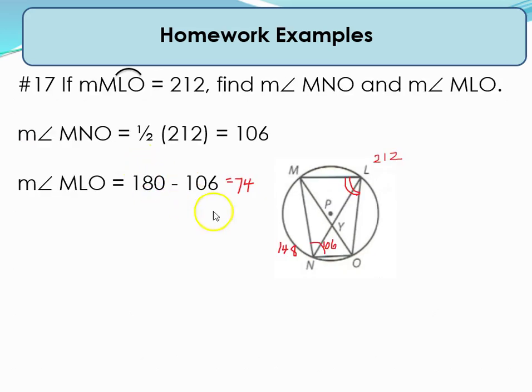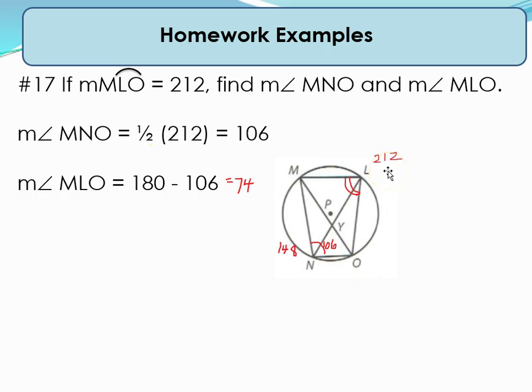Number 17. If arc MLO equals 212, find angles MNO and MLO. So, angle MNO equals 1/2 of the 212, which is 106. And angle MLO equals, and I did this 2 different ways.